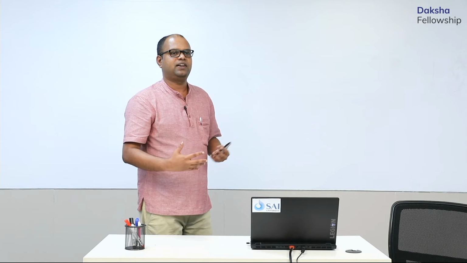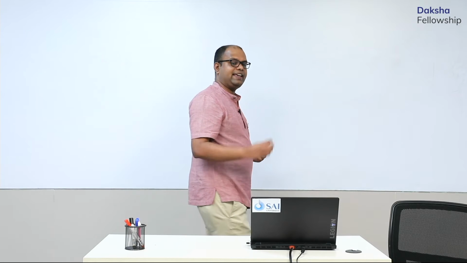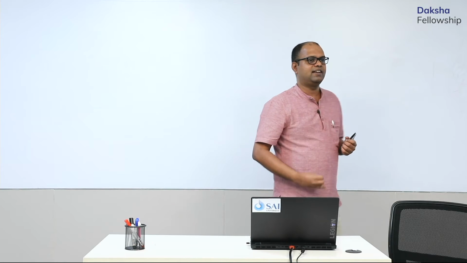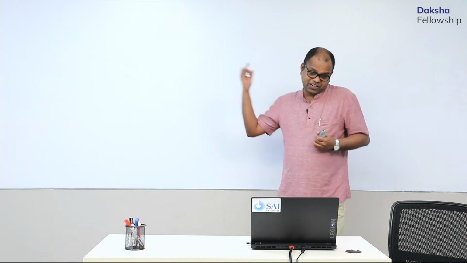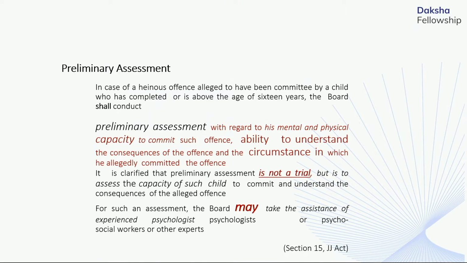And if at the end of this the court concludes that he has the capacity to commit the offense and the circumstances are not palatable to the judge, he will be transferred to an adult criminal justice system, a regular court where he would be tried just like an adult, of course in a child-friendly manner.